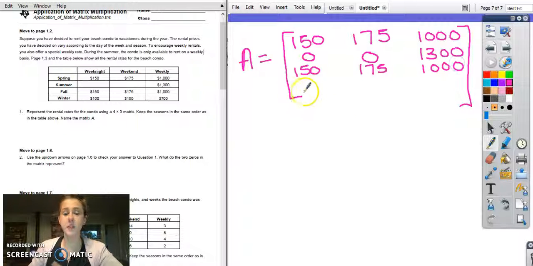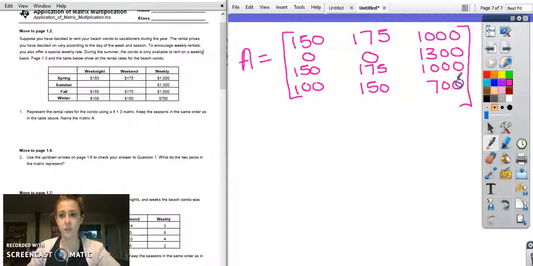Again, just being really careful that you are taking the data correctly from the original table, transferring it to your matrix. So row 4, column 1, 100, 150 and 700. So right there is my 4 by 3 matrix A.